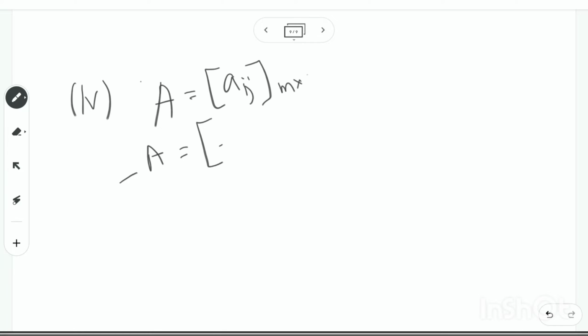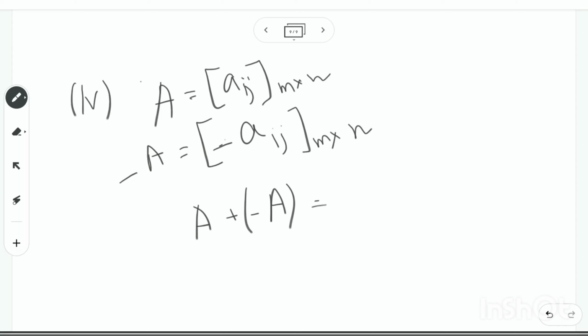The next property of matrix addition is the existence of additive inverse. What does it say? It says that if A is any matrix with elements Aij, an M cross N matrix, then there is another M cross N matrix, minus A, with elements minus Aij, such that A plus minus A equals O, the zero matrix.